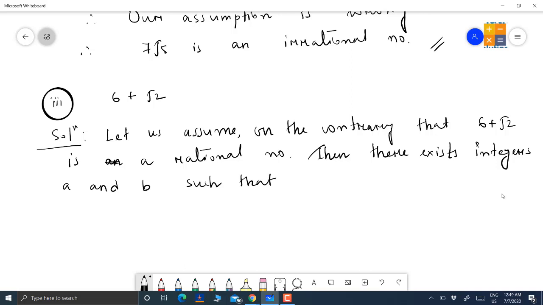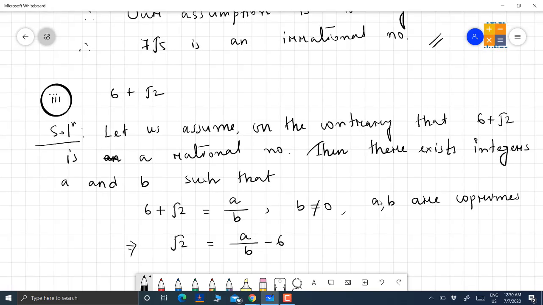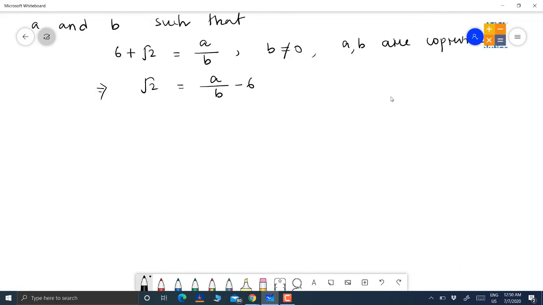What can we write here? 6 plus √2 is equal to a by b, b is not equal to 0, a, b are co-primes. So here what can we get? √2 is kept alone on one side: a by b minus 6, as 6 is shifted to the opposite side. Now we can take LCM on the right hand side.